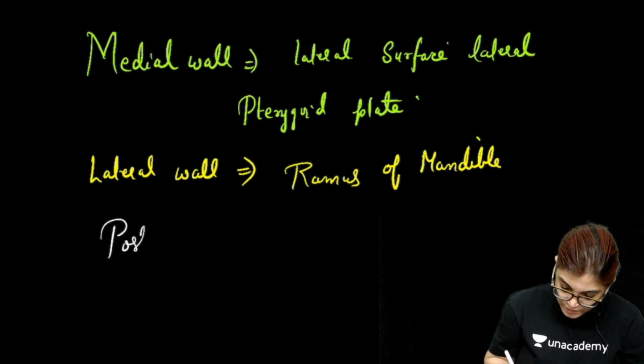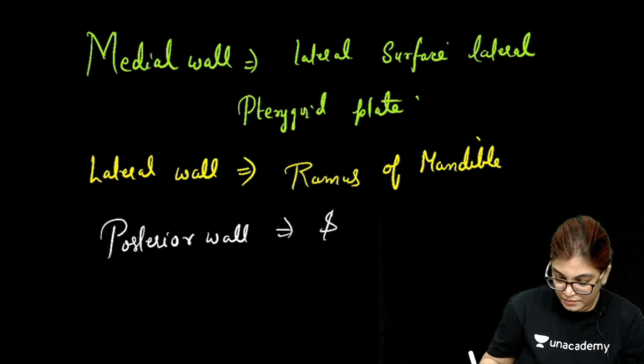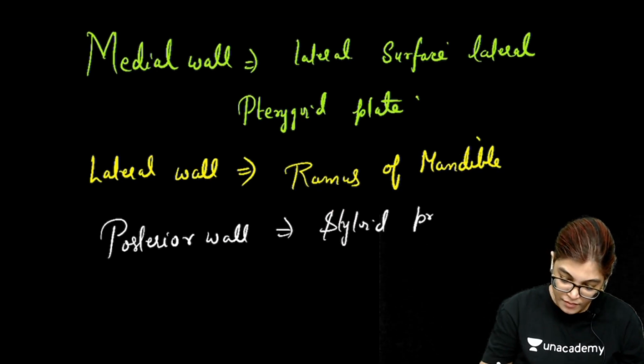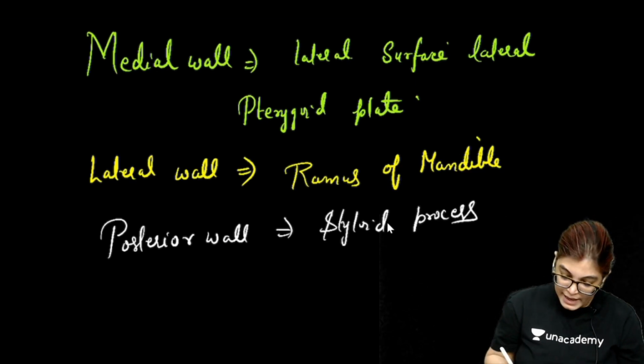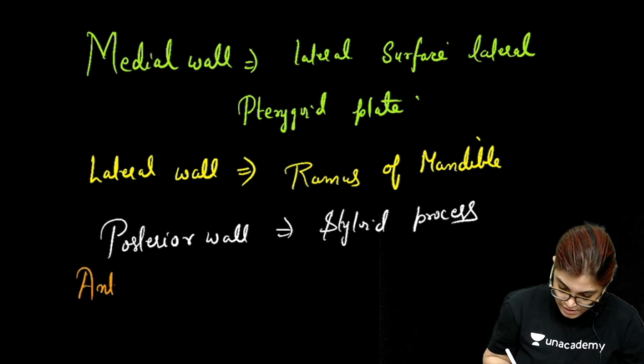Posterior wall is formed by the styloid process of the temporal bone, and anteriorly it is formed by the maxilla bone.